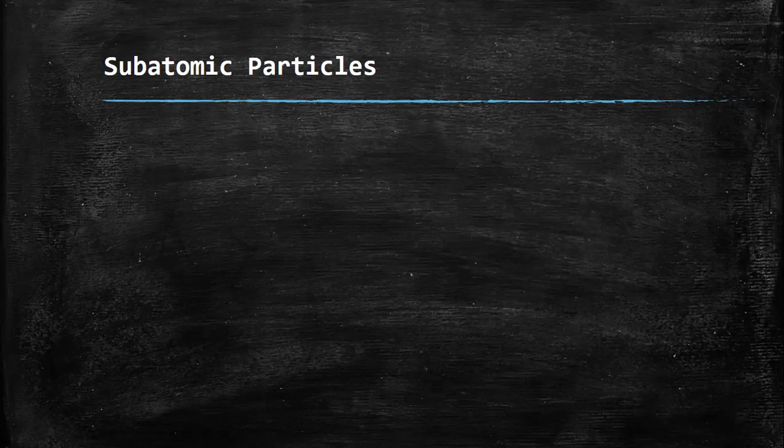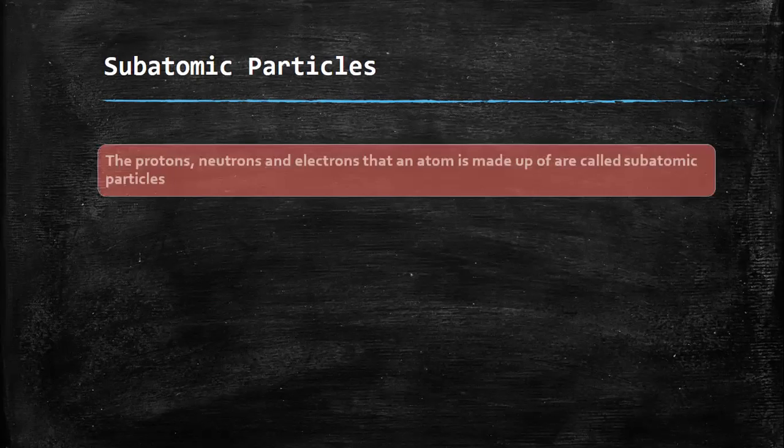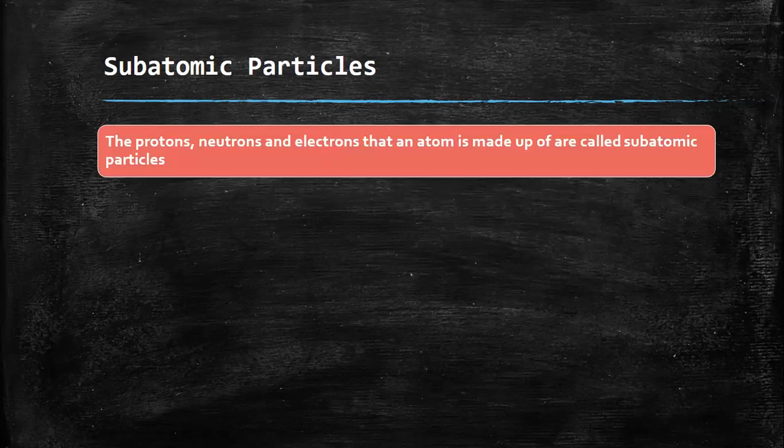And these particles that were present in the atom are named subatomic particles. Up till now, there are more than 100 subatomic particles in the atom. What are these particles? Protons, neutrons, electrons.